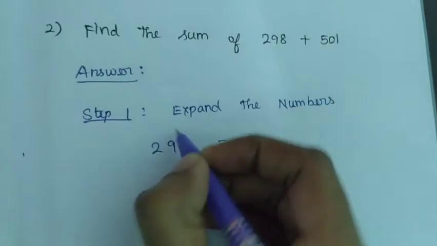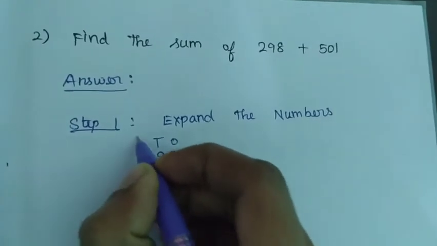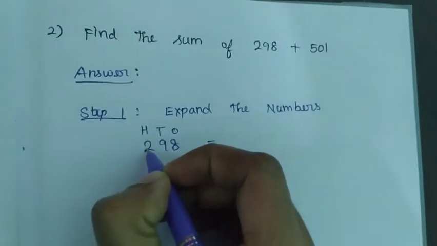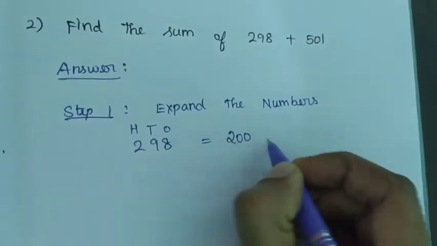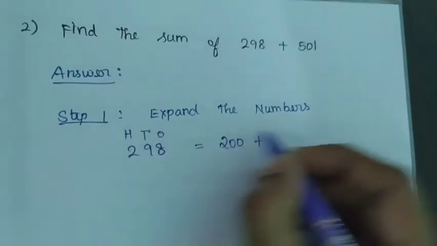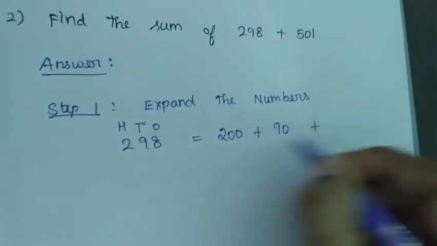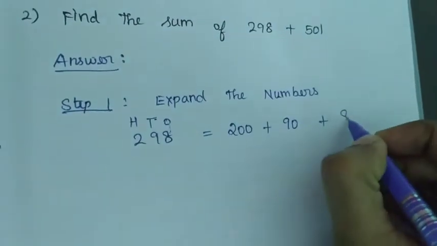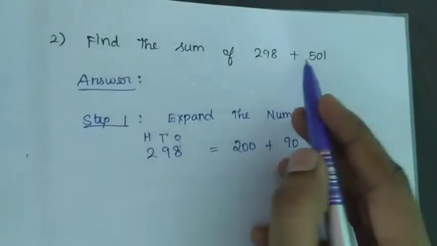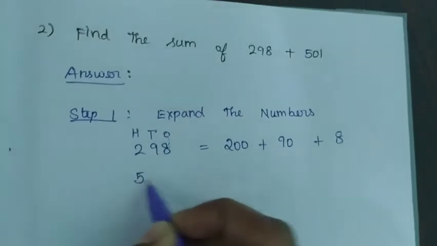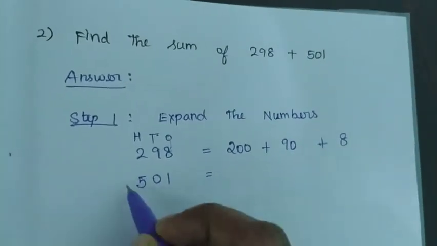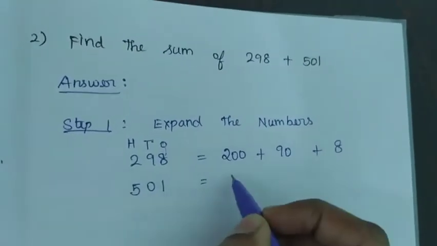298 equal to, first put ones, tens, 100. Here how many hundreds are there? 200 plus 9 tens means 90 plus how many ones? 8 ones. Okay, now we want to write the second number. 501, so how many hundreds having here? 5.